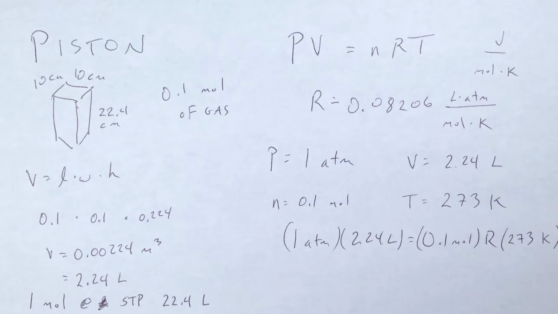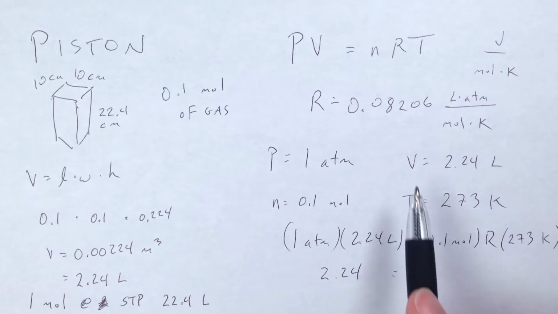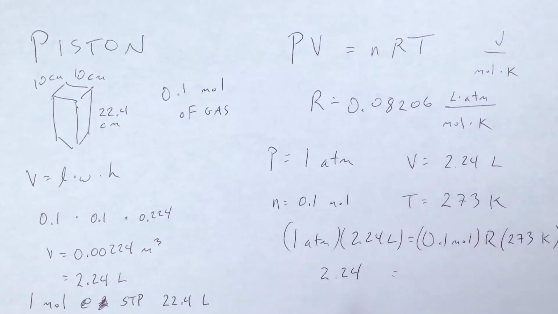Okay, so if you do the multiplication, obviously 1 times 2.24 is 2.24. And if you do 0.1 times 0.08206 times 273, you end up with 2.24. So in order to make these numbers and these units all work out, you just need to stick that number for R in there, and it equalizes everything.